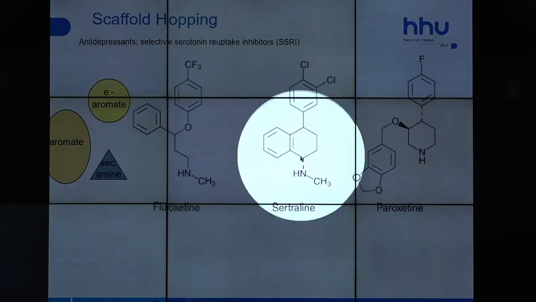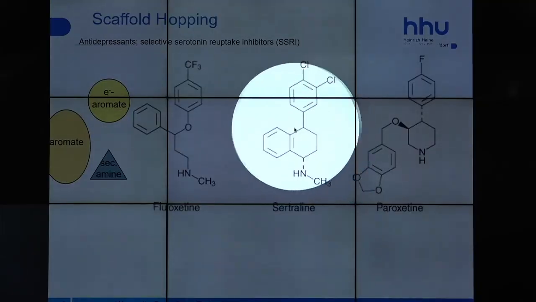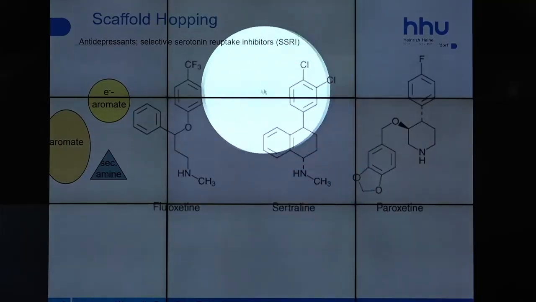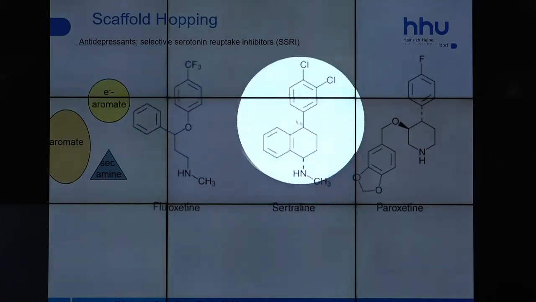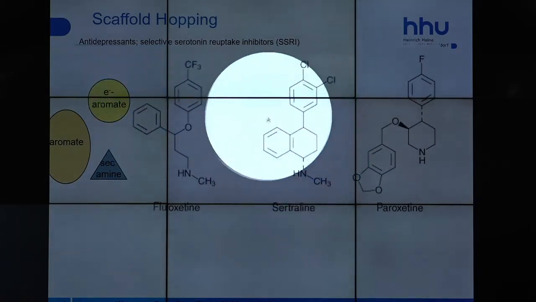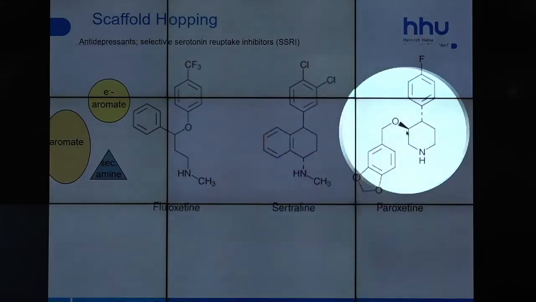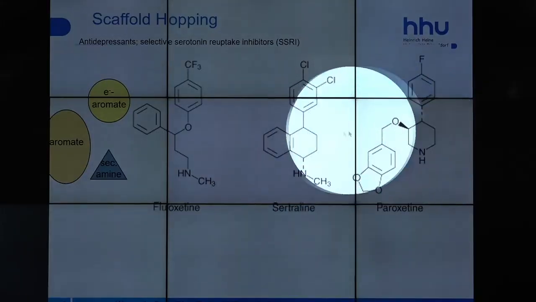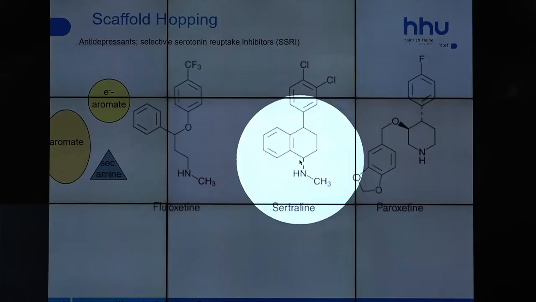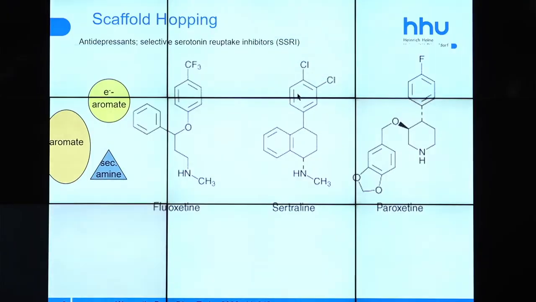This is exocyclic localized. Here the second phenyl moiety has an orientation in the tetrahydronaphthalene structure element. Here you have 2 stereocenters, and here also 2 stereocenters, but in a different orientation.